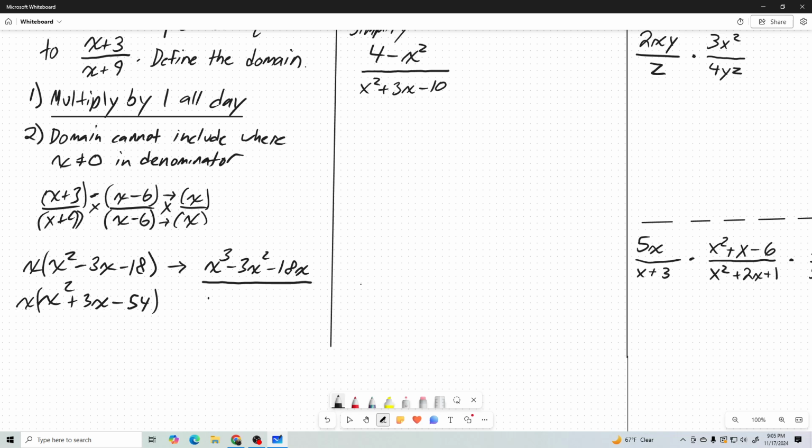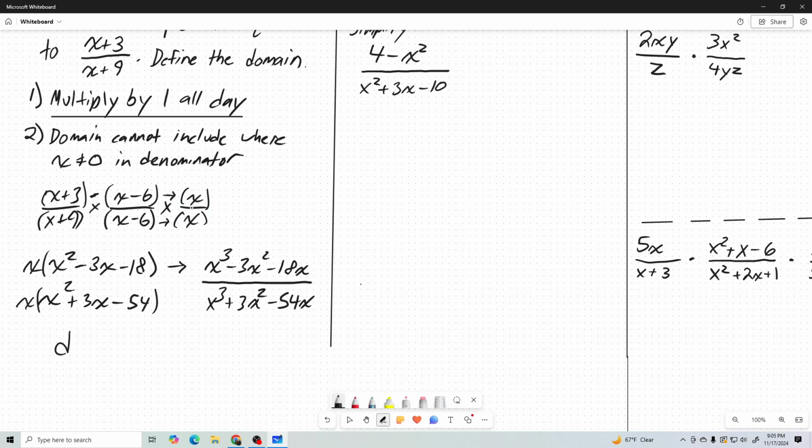Now we get x cubed plus 3x squared minus 54x. Really all we did was take our original piece here and pick a couple things to multiply it by. Now I'm going to show you how we define the domain.